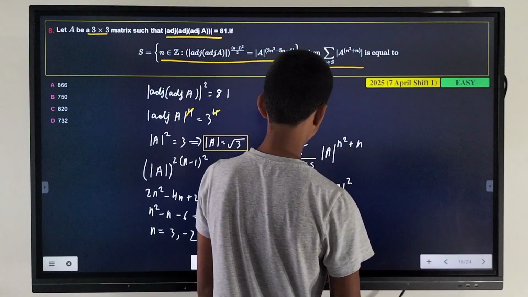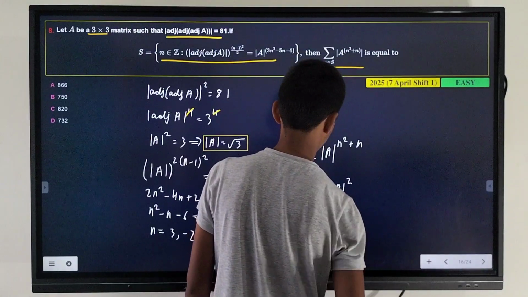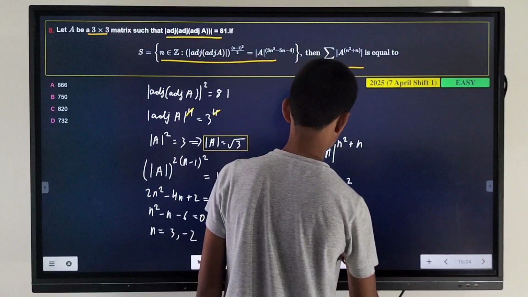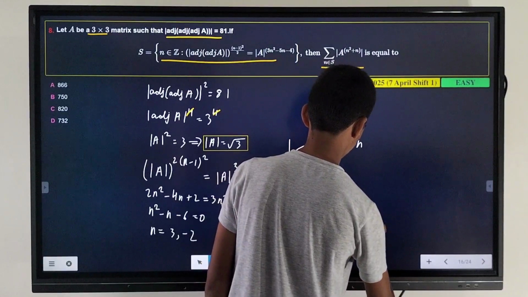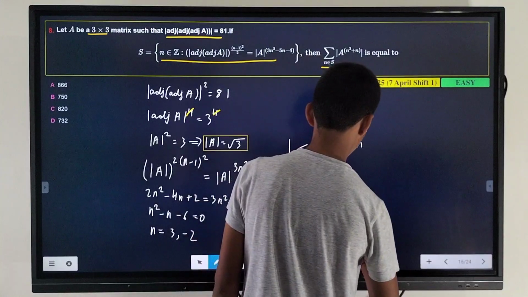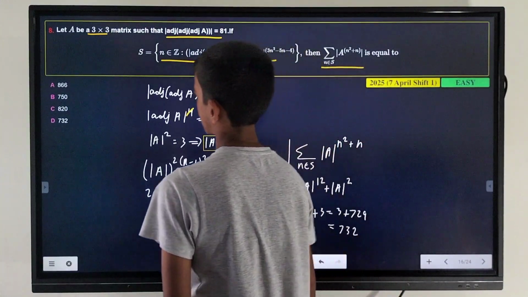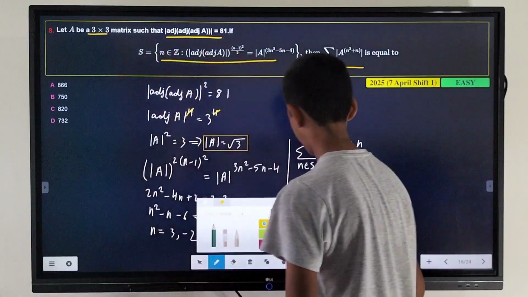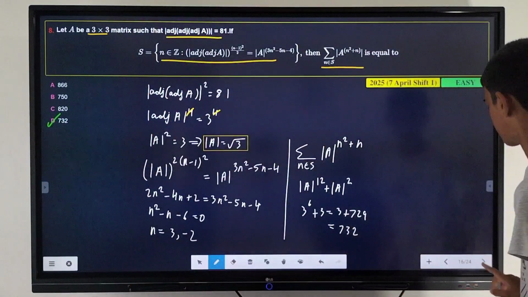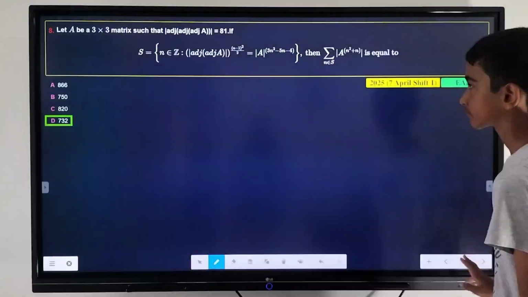We will get root 3 raised to power 12, so 3 raised to power 6 plus 3. This is equal to 729 plus 3, and this is equal to 732. So our answer is option E. And here is our solution, and we can see that our answer is correct.